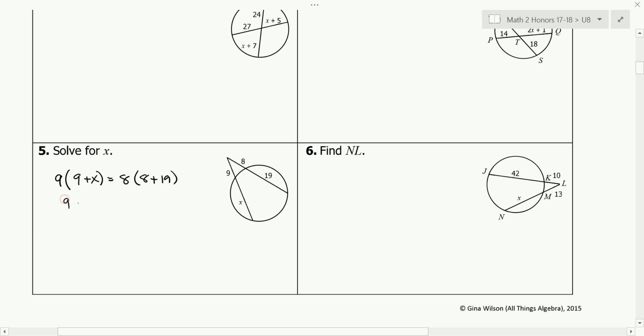So that's 9 times 9 plus x is equal to 8 times 27. I could divide both sides by 9 and get 9 plus x is equal to 8 times 3. 8 times 3 is 24. And subtract 9 from 24 and get 15.